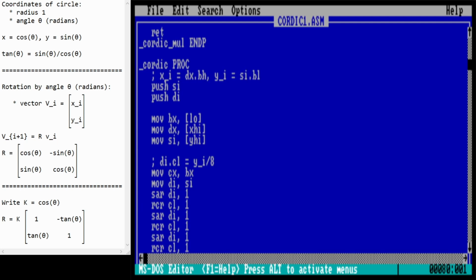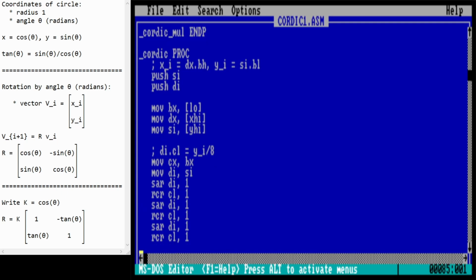So we have to use rotate through carry for that, and that'll actually take that bit that's in the carry flag that was shifted out of the bottom of DI, and it will shift it into the top of CL, and it will shift everything in CL right by 1 bit. So this is how we perform a 24-bit shift using assembly language. And so, of course, we have to do that 3 times to divide by 8, and that's all there is to that computation. It's really straightforward.